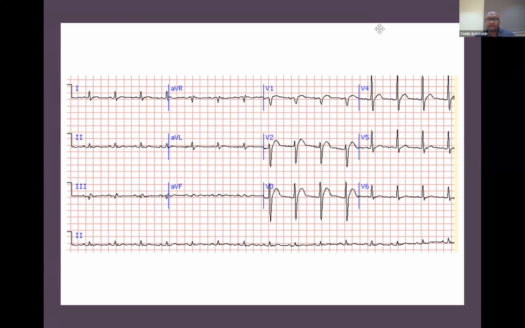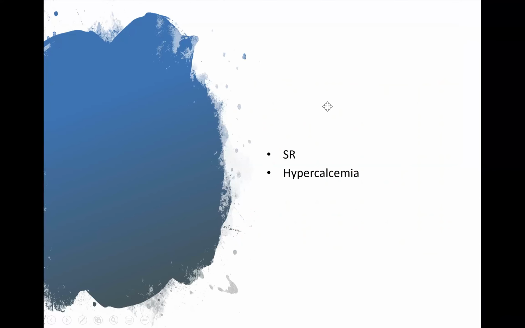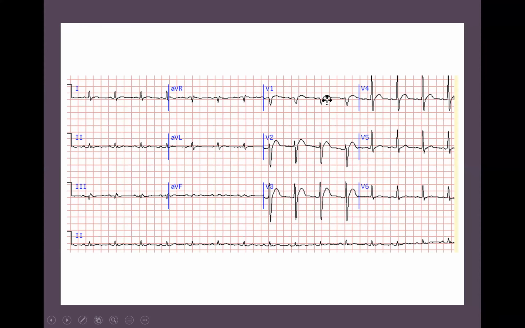So in the left bundle, clearly, what do you get? You get a wide QRS, okay? Look at the QRS here, it's narrow, it's not wide. So once I have a normal QRS, there is no left bundle, period. Okay, if you want, you can look for other criteria of left bundle branch block as well. You need to have negative leads in V1, V2, V3.